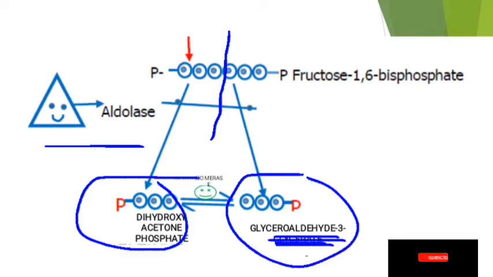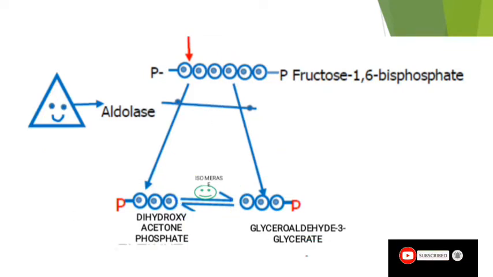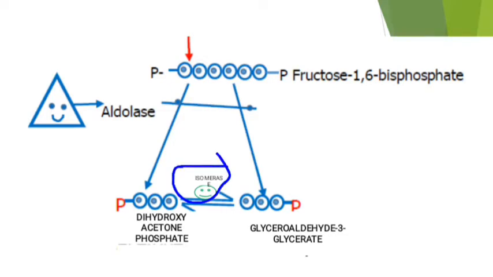There's an isomerase enzyme here. The only substrate that is funneled into the glycolytic pathway at this junction is glyceraldehyde 3-phosphate.